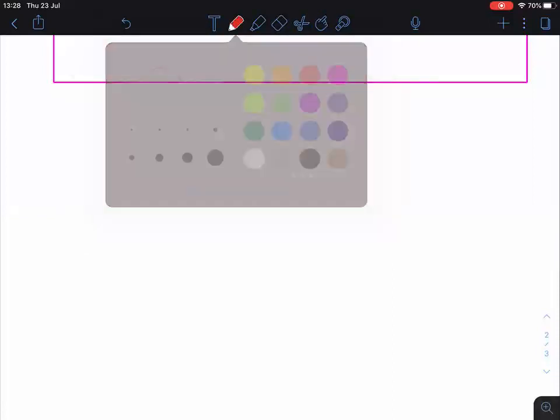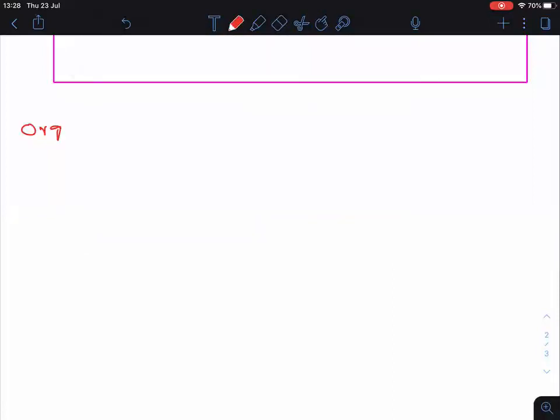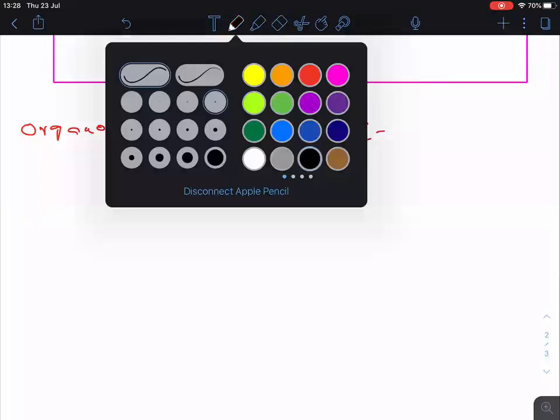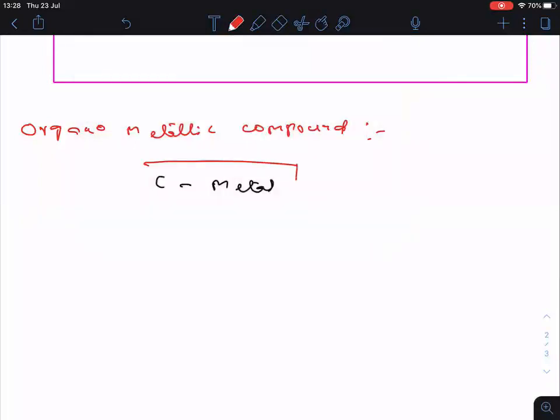Now, what is the meaning of this organometallic compound? Organometallic compounds means the compounds in which carbon is directly bonded to the metal.